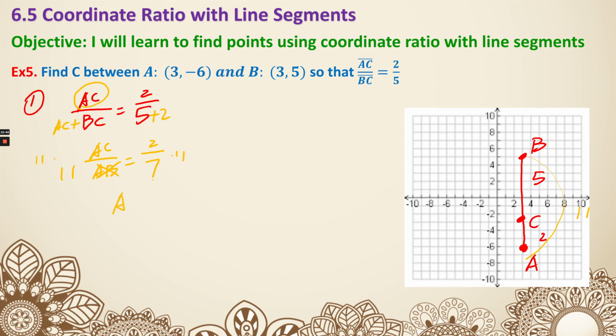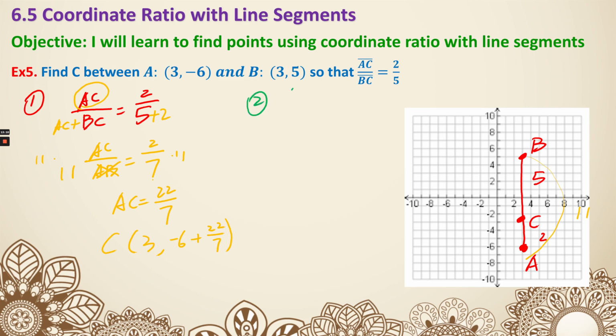So AC has to be 22 over 7. Remember, this means C is 22 over 7 above my A. So it's only the y coordinate that is changing. So C would have to be, the x coordinate stays the same, which is 3. Then it's going to be -6 plus 22 over 7. That is the first way if I want to keep AC.